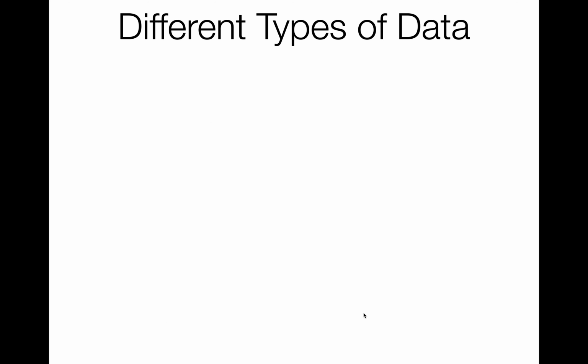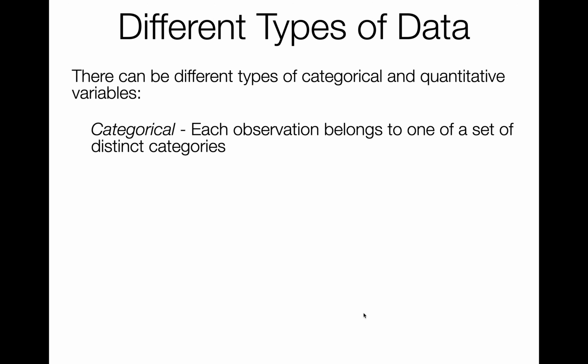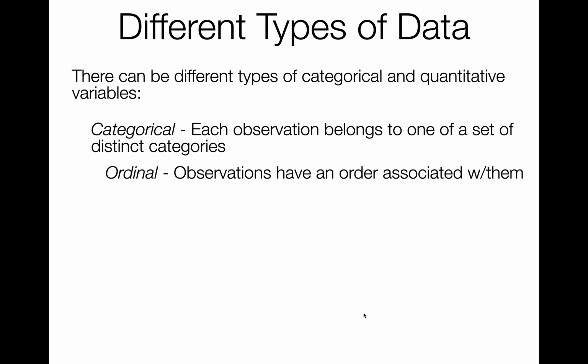We can actually dig deeper into those types of data for every type of variable, categorical or quantitative. There can actually be like subgroups to those. Okay? So for categorical variables, there's the definition again, okay? But there are different types. So the first one is an ordinal categorical variable. Okay?